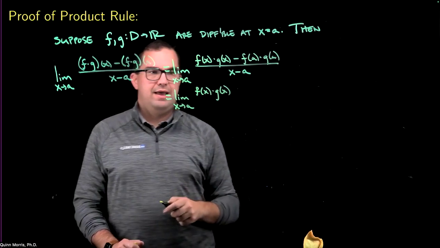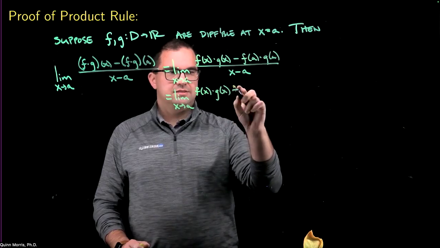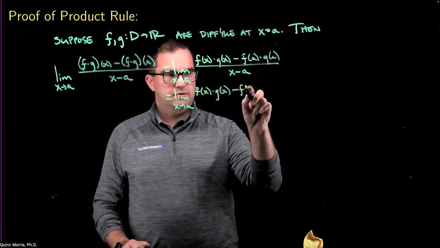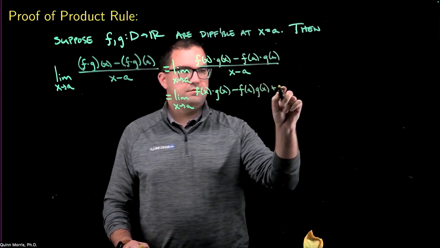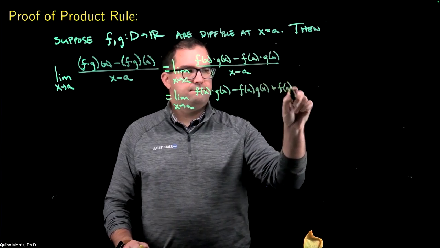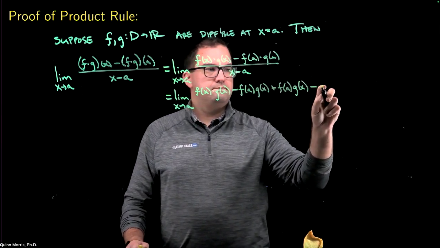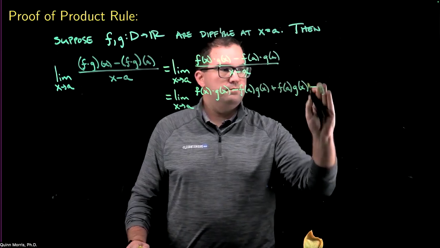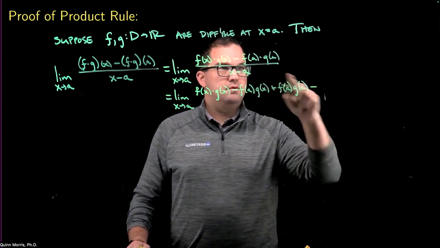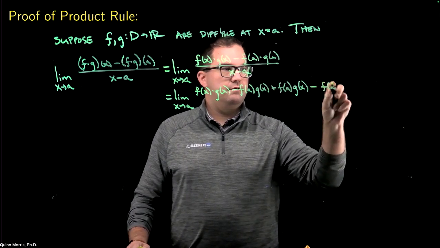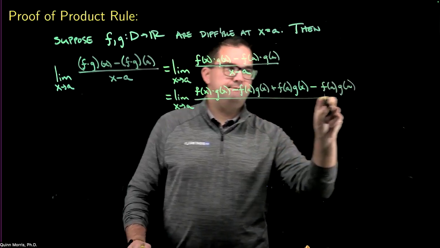So right in the middle here, I am going to go ahead and subtract first f of a times g of x, and then add back f of a times g of a.